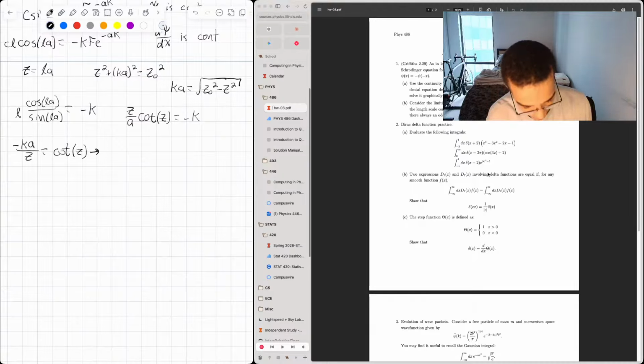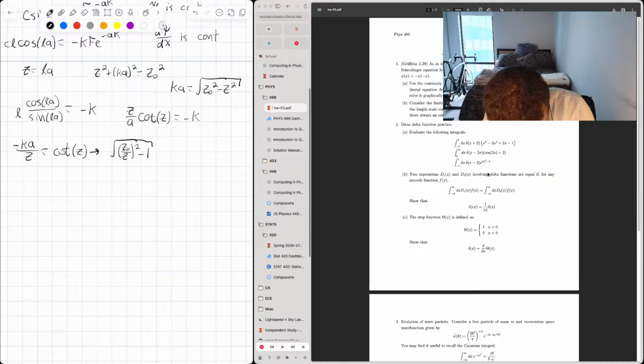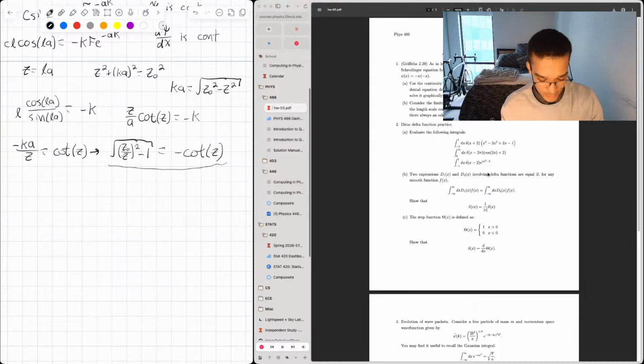And so we'll bring the Z inside of the square root, and we'll get Z naught squared, Z naught by Z squared minus 1 equals minus cotan Z. There we go. And that's our solution. Okay, next part.